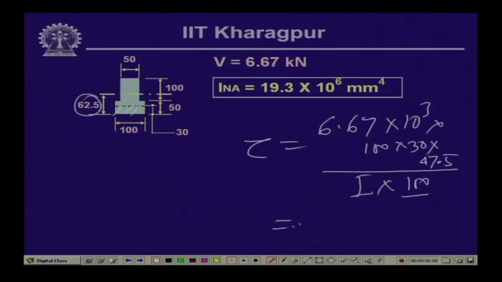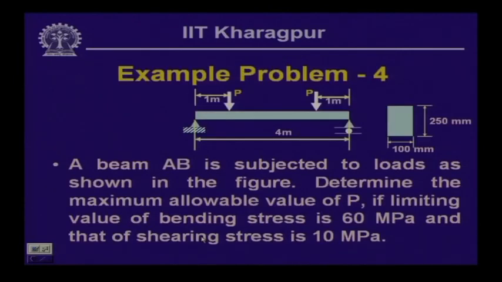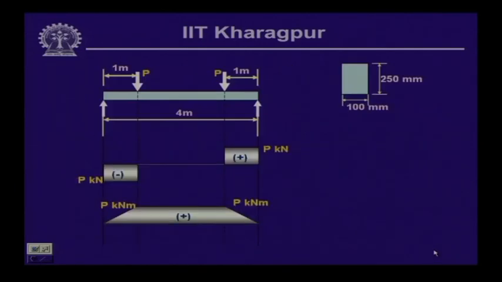If you compute that, this comes as 0.5 MPa. Well, you have another problem. A beam is subjected to two concentrated loads, and you have to compute the maximum value of b so that the bending stress does not exceed 60 MPa and the shearing stress does not exceed 10 MPa. We will look into this problem next time.